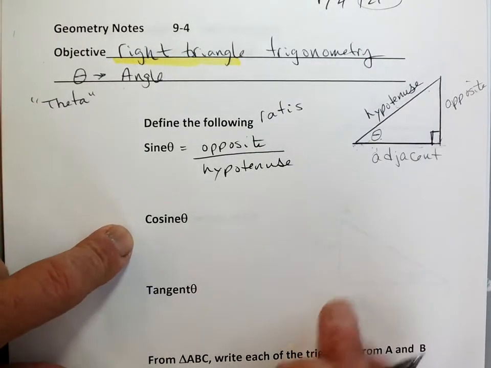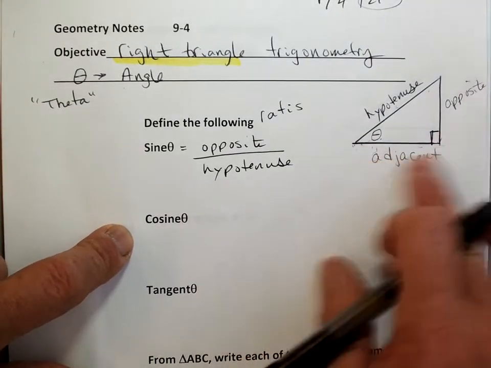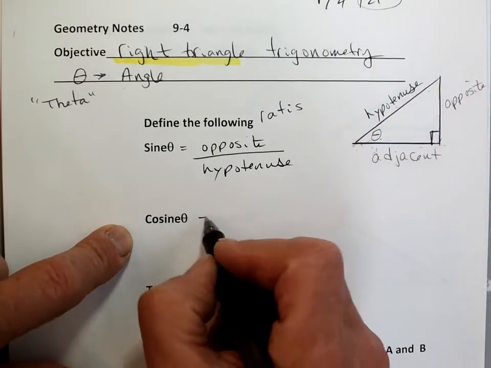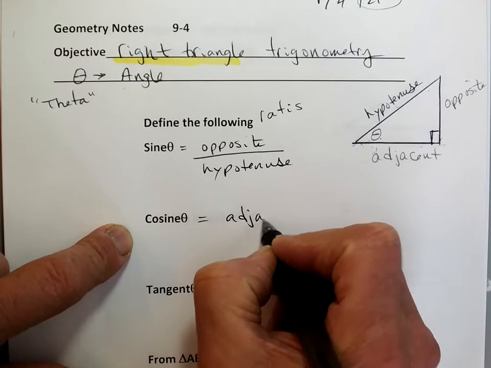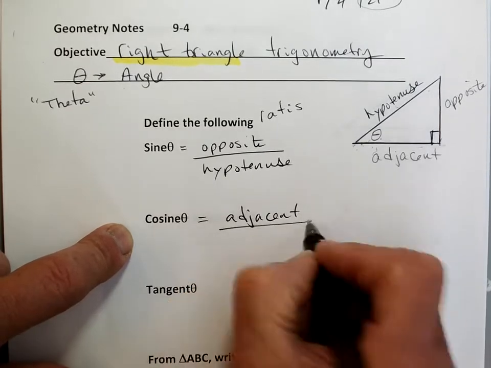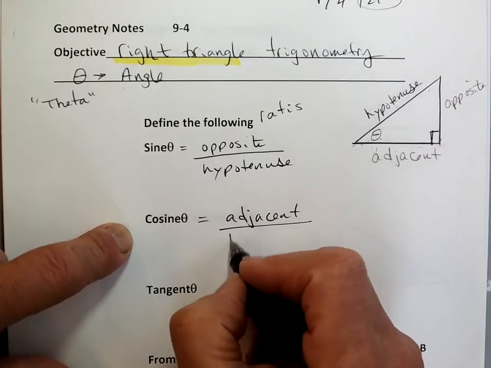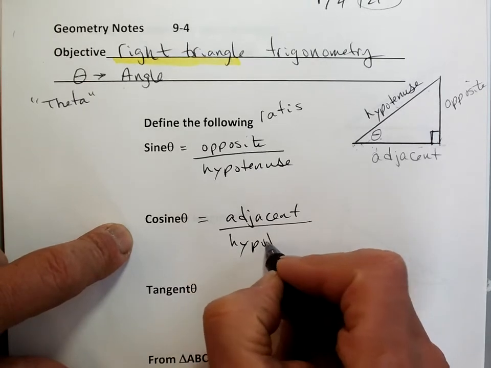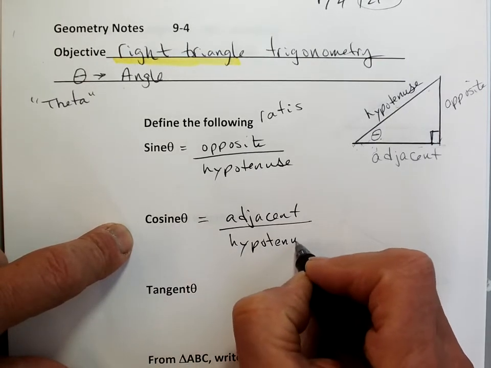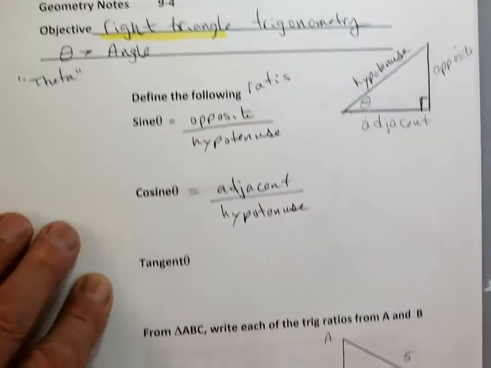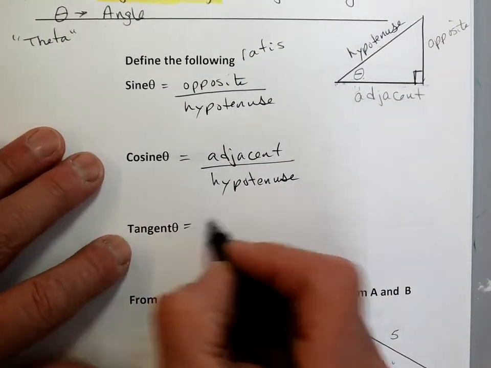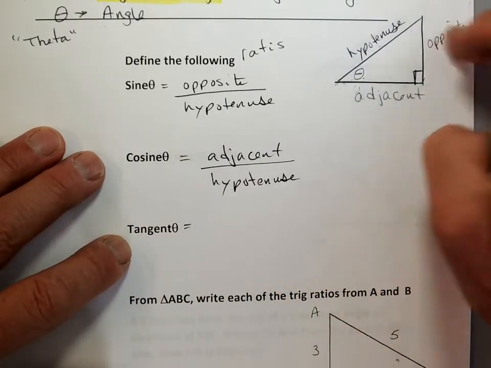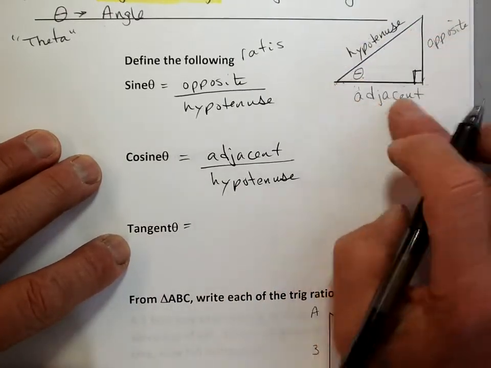Cosine is a ratio of the adjacent side over the hypotenuse. And the tangent, which is what we're going to talk about mostly today, because most of our applications are tangent, is going to be our opposite side over our adjacent side.